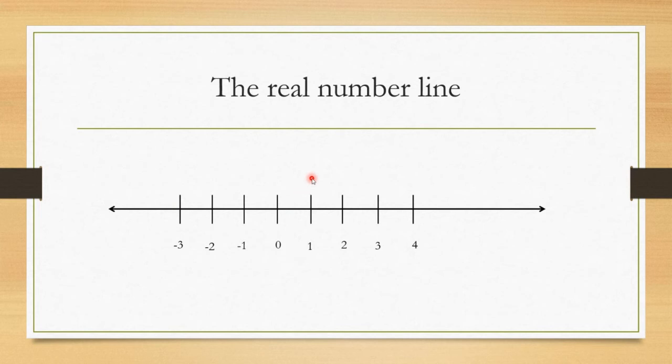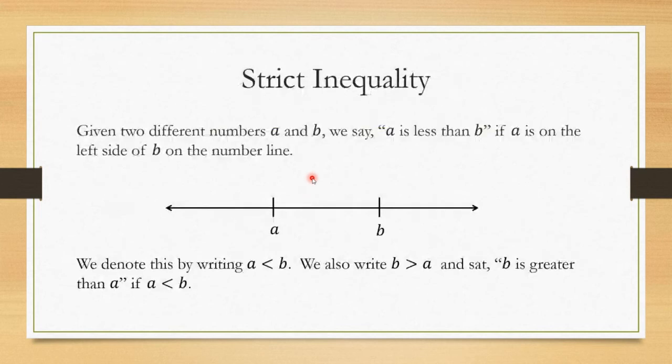Okay, so now, with that said, let's look at inequality. So first we have to consider strict inequality. If we're given 2 different numbers, A and B, we're going to say that A is less than B if A is on the left side of B on the number line.